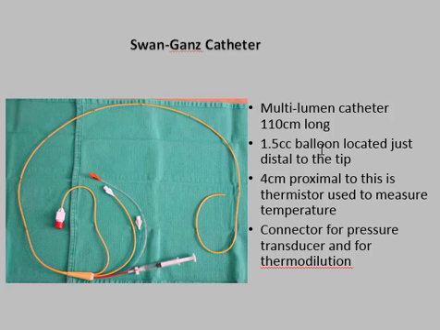It's 110 centimeters long. The balloon is 1.5 cc's in volume, and 4 centimeters proximal to this is a thermistor that is used to measure temperature. There are connectors for both the pressure transducer and for thermal dilution, as I've just mentioned.